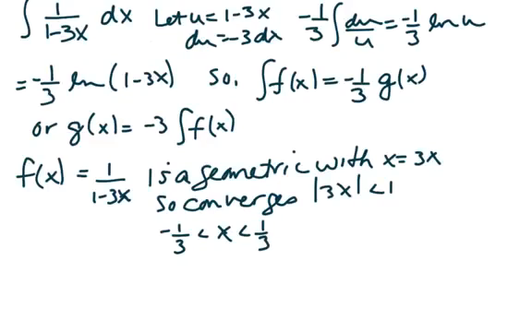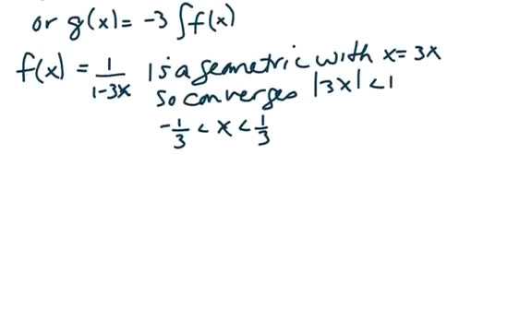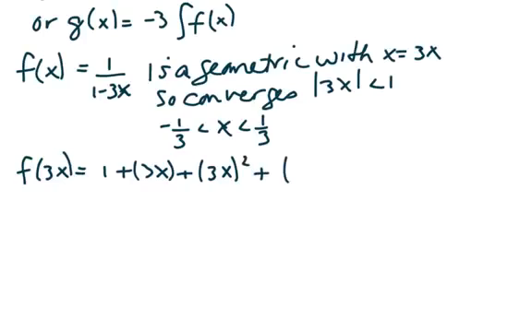So we're going to approach this in two different ways. The first is going to be expanding the summation for f of x and then actually integrating each term. So let's go down that path first. f of 3x is simply 1 plus 3x and so on, and all I'm doing is just expanding the geometric series out, and then I'm going to integrate term by term.